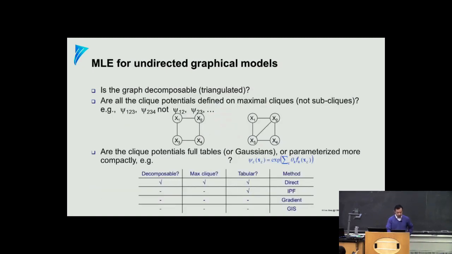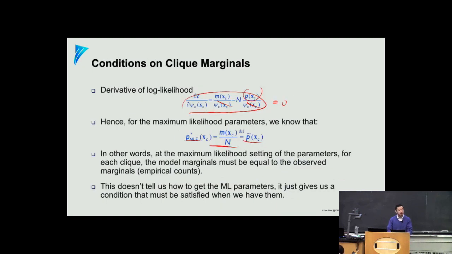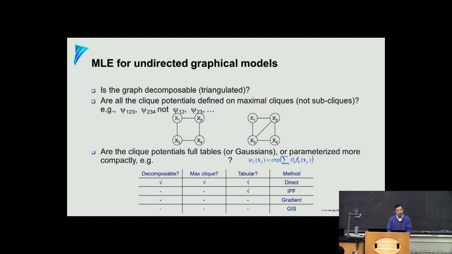All right, for that reason, people realized that some additional serious work needs to be dedicated to undirected graphical models. In my earlier version of the class, I had a list of multiple dimensions that we wanted to look into, including examining whether the graph is decomposable, triangulated, and so forth.